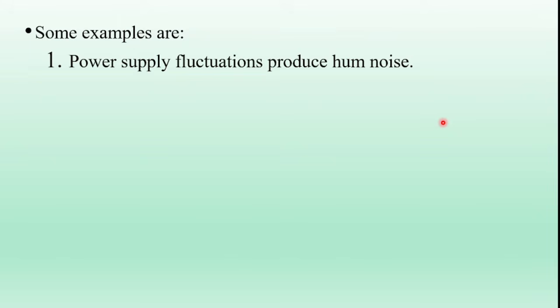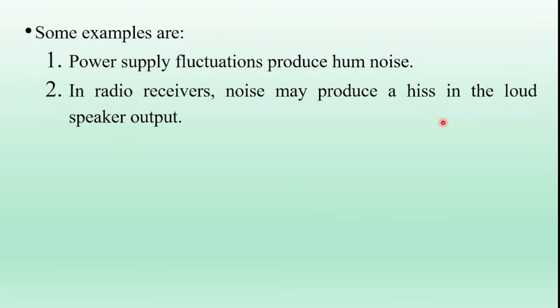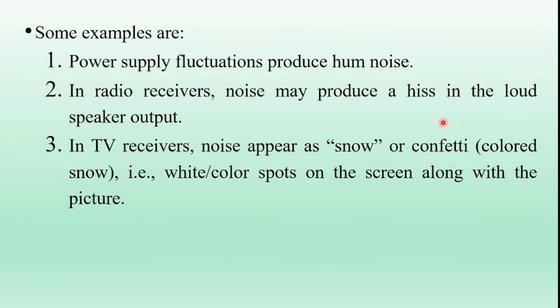Some examples of noise are: power supply fluctuations produce hum noise. Second, in radio receivers, noise may produce a hiss in the loudspeaker output. Third, in TV receivers, noise appears as snow on the confetti. That confetti means colored snow, that is, white or color spots on the screen along with the picture.